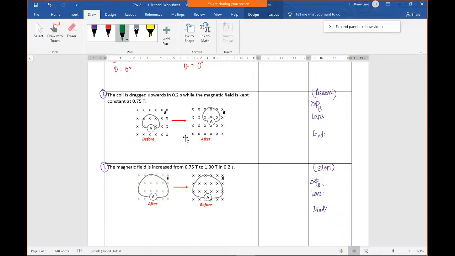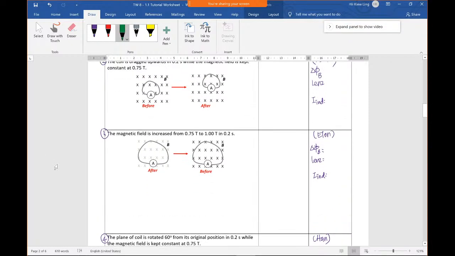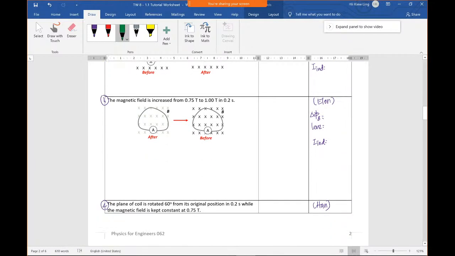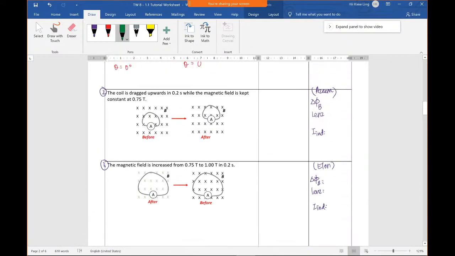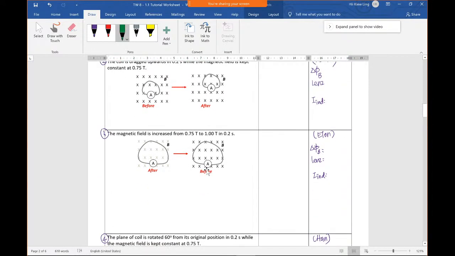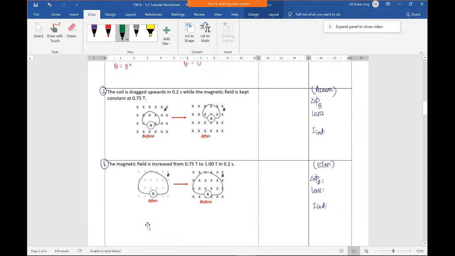You can't see your question? It's on your tutorial worksheet. Download it on your Moodle. You are question number 4. Example solution from the first one here.